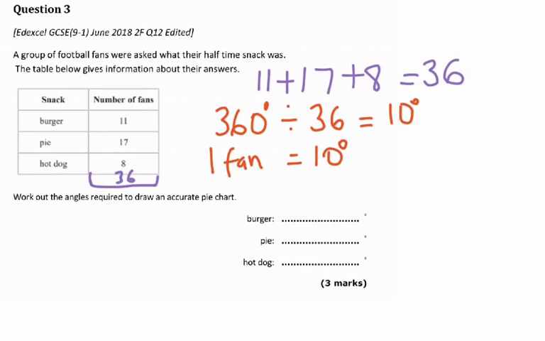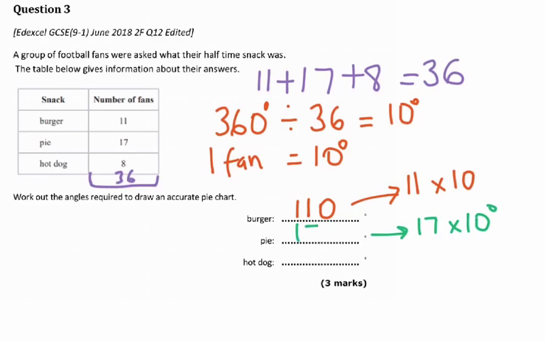So if I wanted to know how many fans wanted a burger, then to get this answer here, I would be doing 11 fans multiplied by 10 degrees, and I would get an answer of 110. To get pie, I would be doing 17 fans multiplied by 10 degrees, which is 170 degrees.